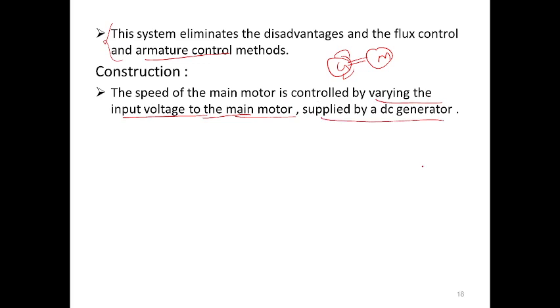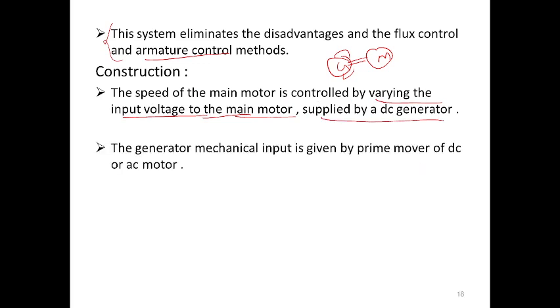The DC generator's mechanical input is given by a prime mover, a DC or AC motor. To run the DC generator, we connect one prime mover, either an AC or DC motor.